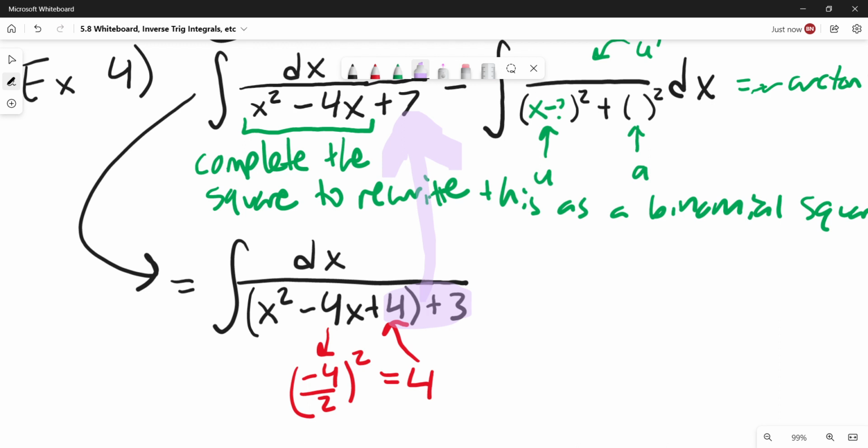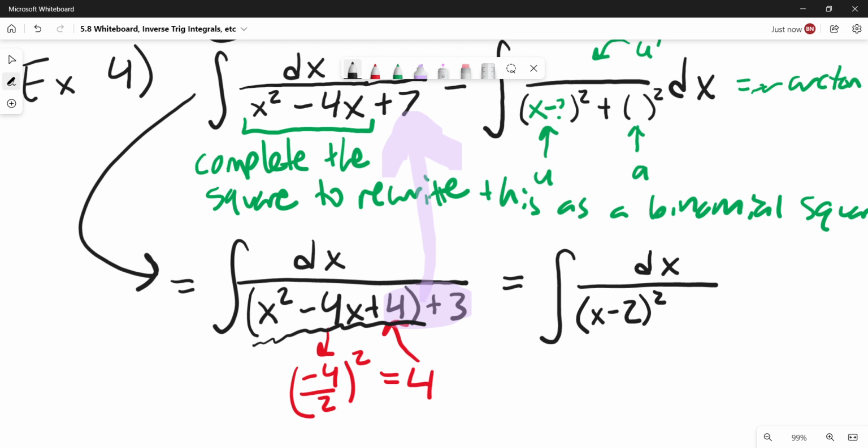So when we rewrite this whole thing, it's going to be dx up top. Again, we're writing this as a binomial squared here. That's the point of completing the square. When you write the binomial squared, you take half the middle term to know what goes in the binomial. So x minus 2 squared is what that whole trinomial is equal to, right?